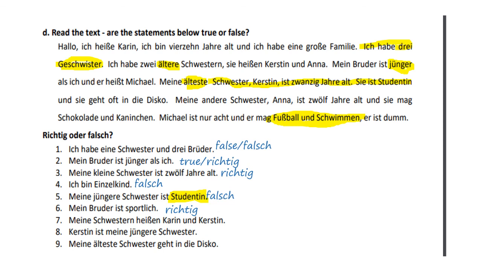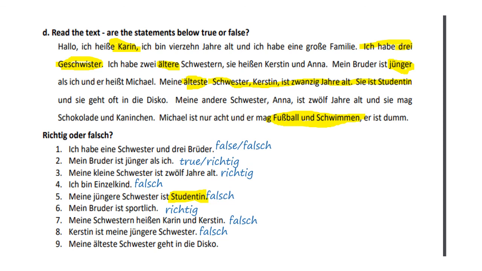The next one, meine Schwestern heißen Karin und Kerstin. That's falsch, because the person talking is called Karin. Her sisters are called something else. And Nummer 8, Kerstin ist meine jüngere Schwester. Das ist auch falsch. So Kerstin is not her younger sister, it's actually her oldest sister.